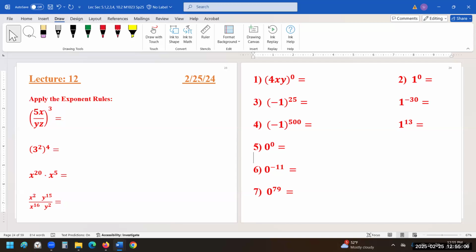Do you remember your rules from last class? Most of them you do. Okay, let's see. I'm going to give you 2 minutes to copy this.